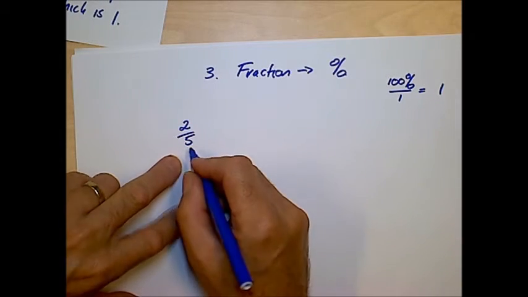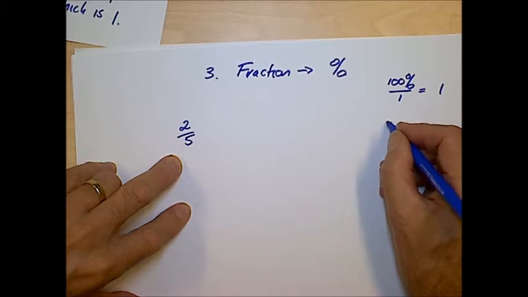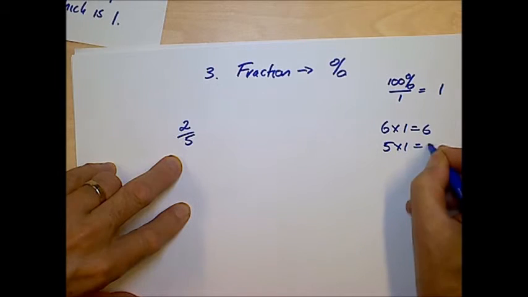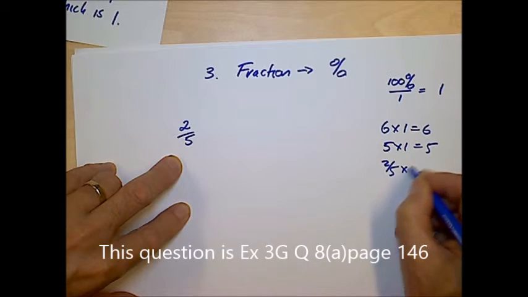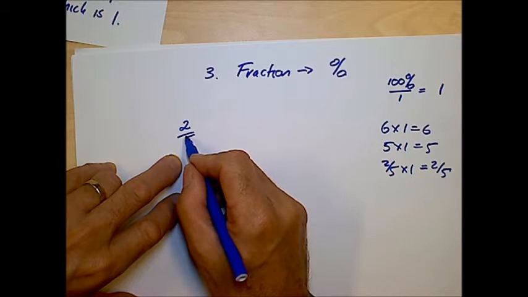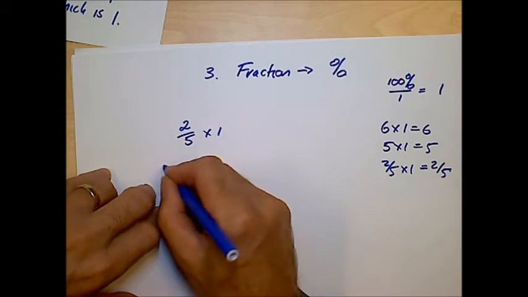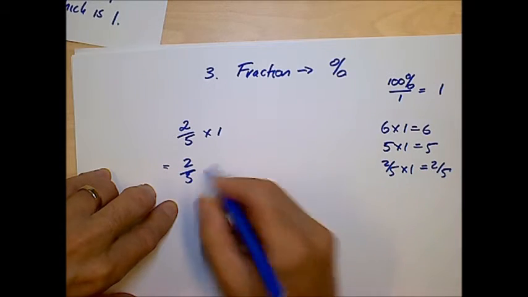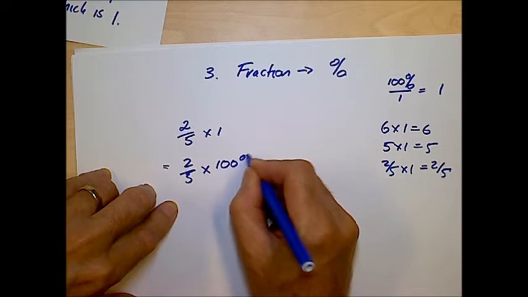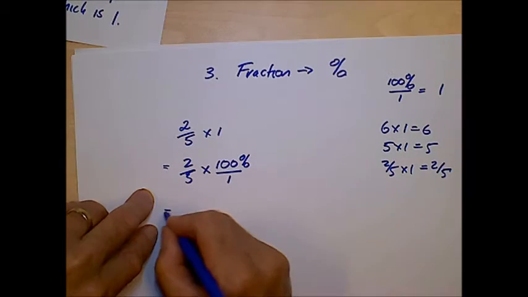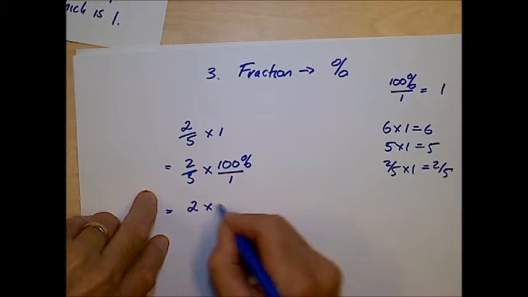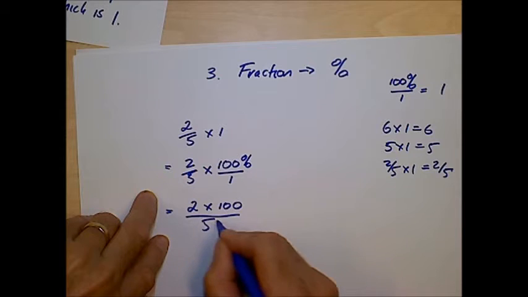Now if I multiply any number by 1, 6 times 1 equals 6, 5 times 1 equals 5, so 2 over 5 times 1 will be equal to 2 over 5. So if I multiply this by 1, I know that that's going to be equal to 2/5, but now I'm going to write this 1 as 100% over 1.